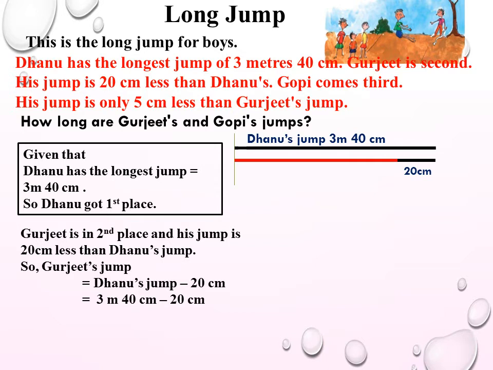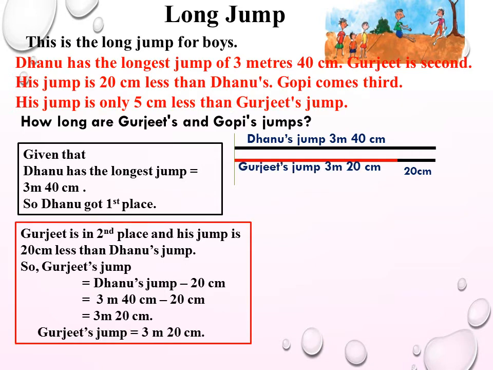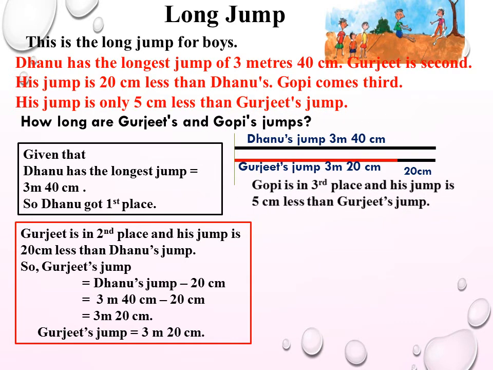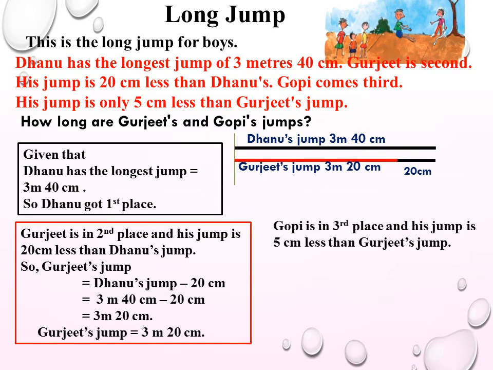Next, now we need to find out Gopi's jump. It is given that Gopi is in third place and his jump is 5 centimeters less than Gurjeet's jump. We already know Gurjeet's jump, how much is it? 3 meter 20 centimeters. So Gopi's jump is 5 centimeters less than Gurjeet's jump.